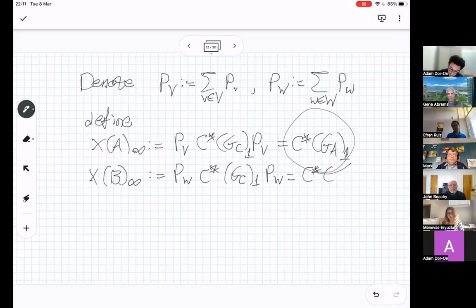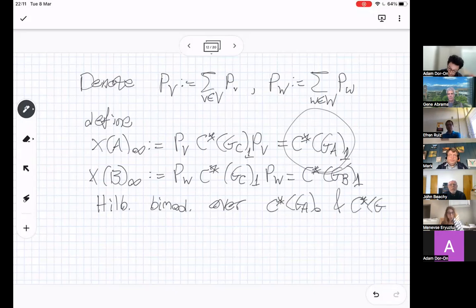This is C-star of G_B now. And then these are Hilbert bimodules, I want to say, or imprimitivity bimodules over C-star of G_A0 and C-star of G_B0.